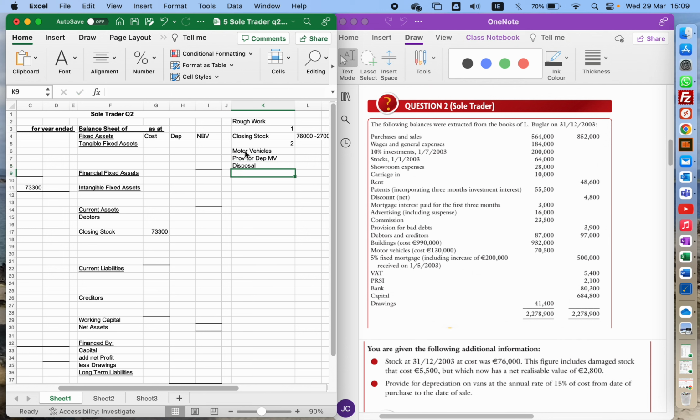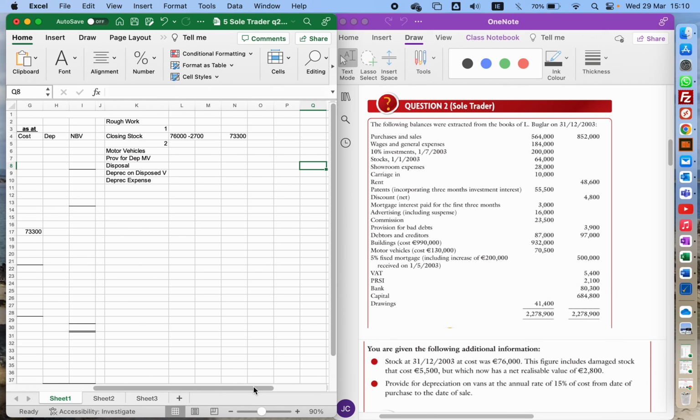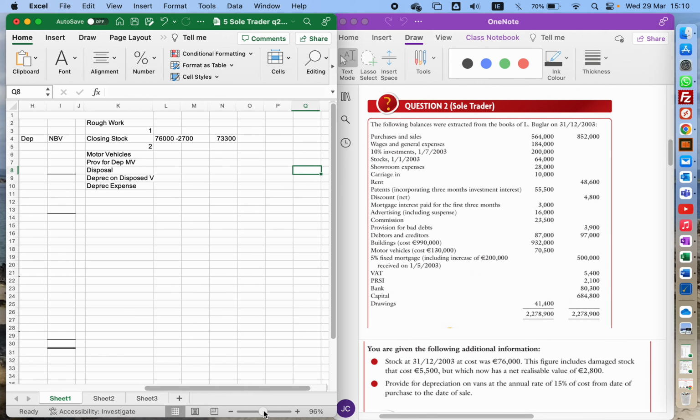And one of the things I'll need to do to be able to work out my disposal is my depreciation on the disposed item. Okay, and then after that I'll do my depreciation expense. Okay, so now there will be a couple of other things I'll do to go with it, but we'll try and do these kind of slowly, bit by bit, as I go through it.